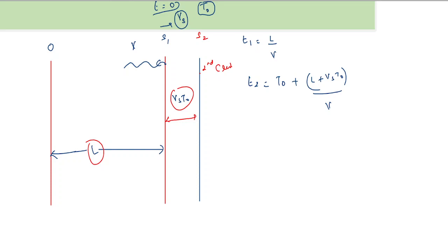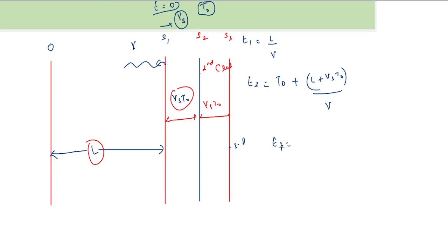Again, if we look at the next time period, the source would have gone to a point S3. Again, the distance from S2 to S3 would be Vs into t0. If at S3 a third crest is emitted, this third crest would reach the observer, because the observer is at rest, at a time we call t3.